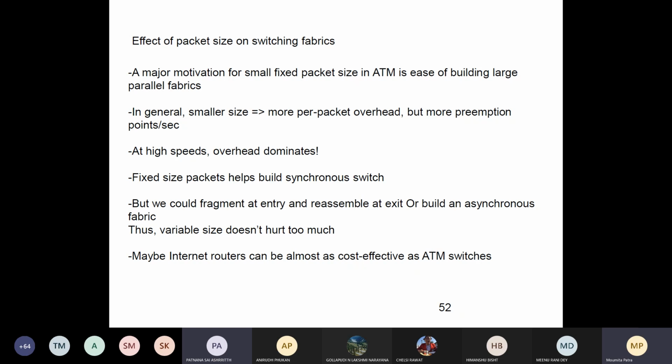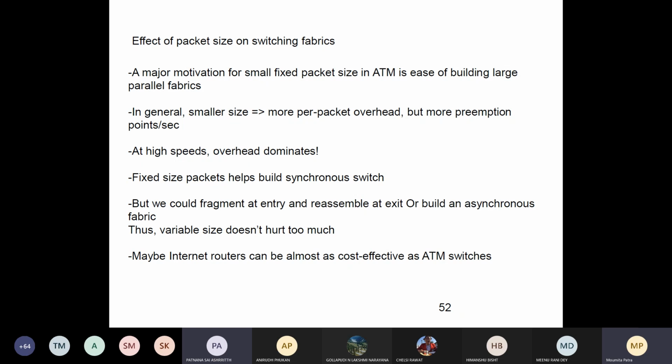If you fragment variable size packets into fixed size packets, then send them over your switch fabric, and then in the end you reassemble them, it is fine. So even if you are having variable size packets in your datagram switches, you can use the concept of fragmentation and reassembly, or you can build an asynchronous switch fabric, which is pretty complex.